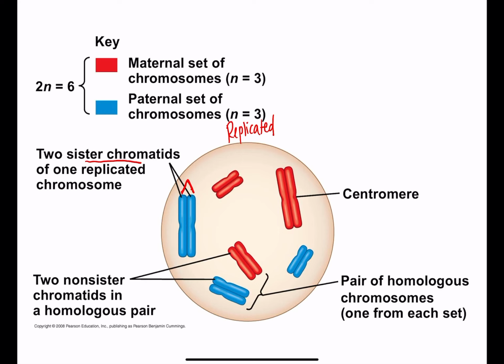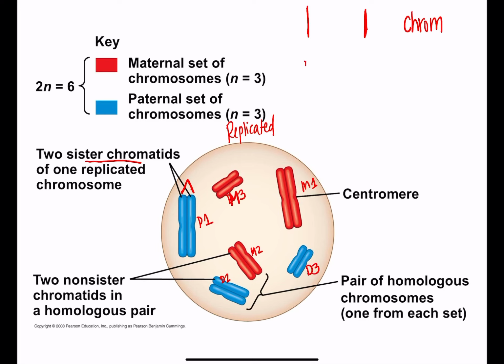So originally, the cell would have existed of one chromosome 1 for mom, one chromosome 1 for dad. So we'll call this one dad chromosome 1, mom chromosome 1, okay? Dad chromosome 2, mom chromosome 2, dad chromosome 3, mom chromosome 3.